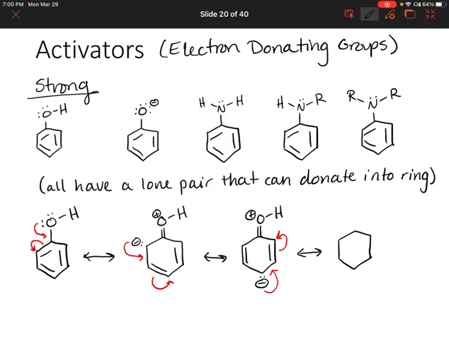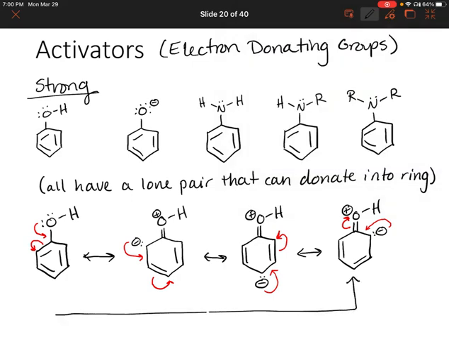Oops, I hit the next slide. And finally, if we move our electrons down in this step, we can move electrons back up to oxygen, and that's just going to give us our original molecule there.